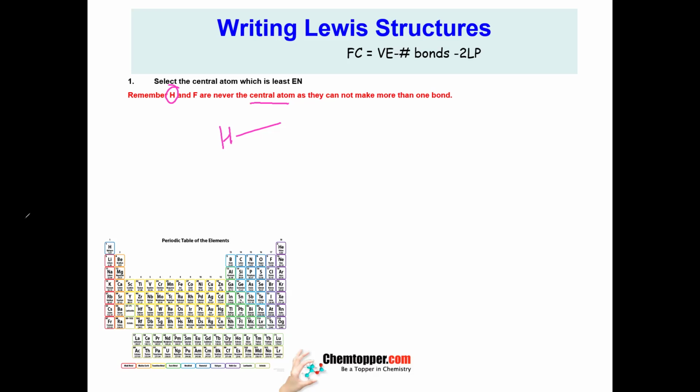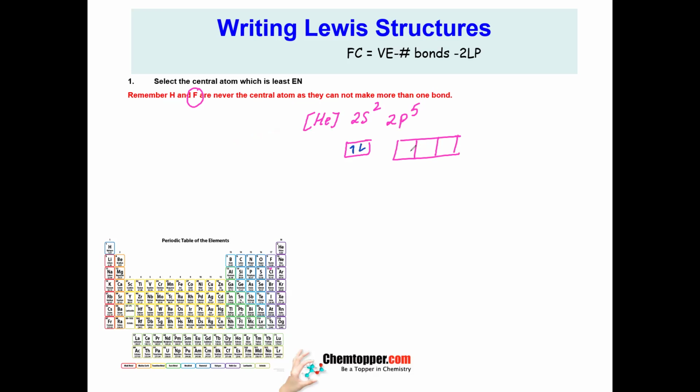Same with fluorine. Remember the fluorine electron configuration is helium 2s2 2p5. How many unpaired electrons do you have? Yes, only one.